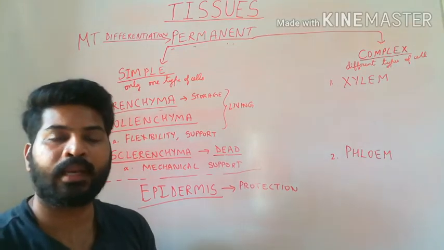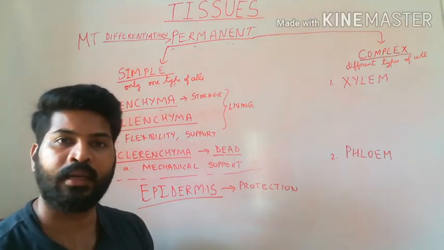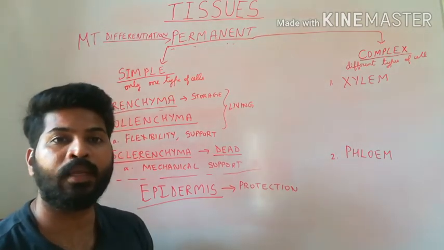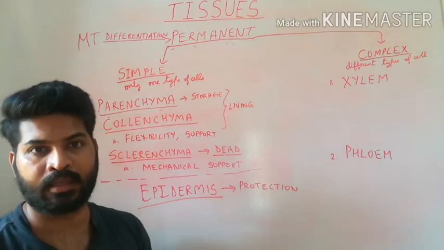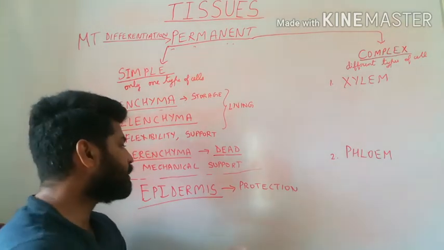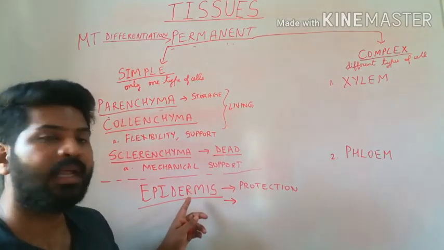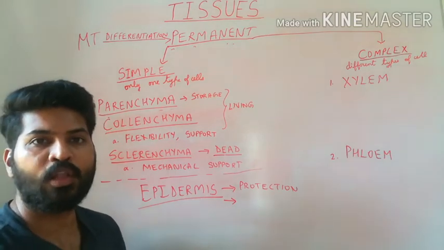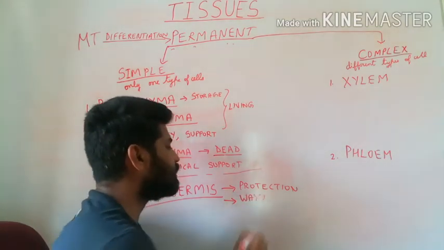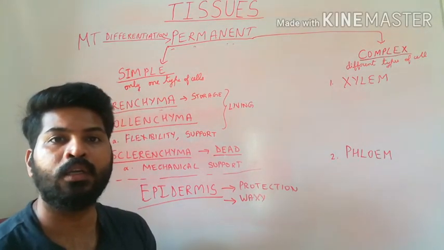This will protect the plants against harsh environmental conditions. They will also protect the plants against any microbial or pathogenic attack. So it is protective in function. In certain plants, the epidermal cells, they also produce certain waxy substances which will help them from excessive water loss.